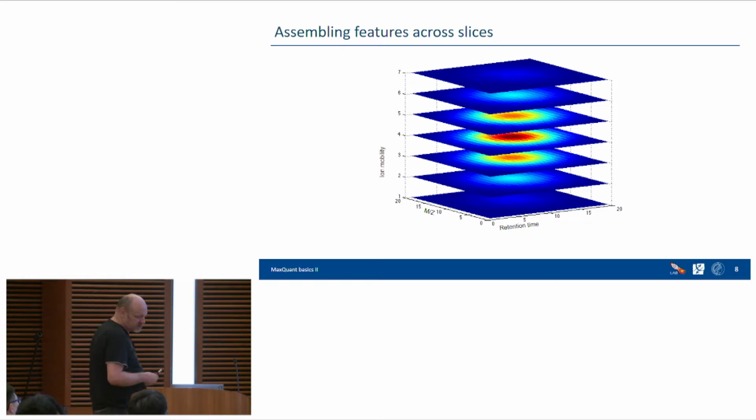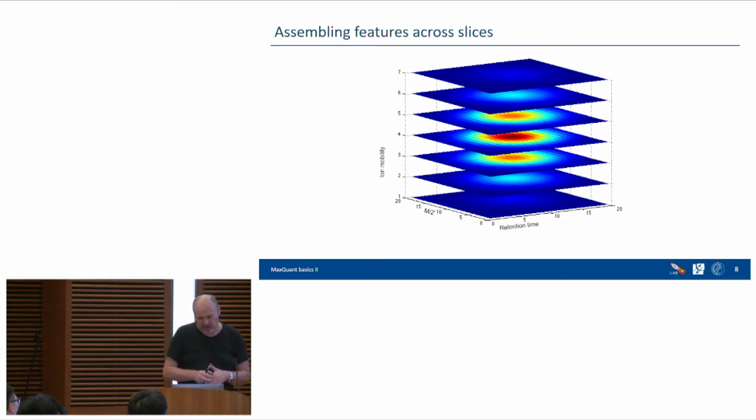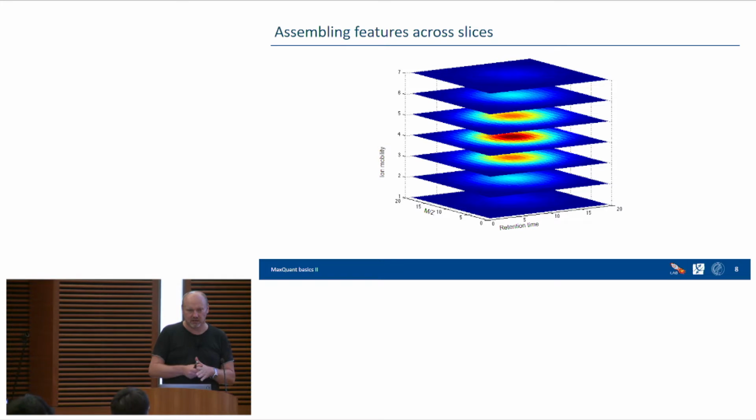So then we have the 4-dimensional peaks detected, and now we can work with these. The next thing would be to do all kinds of recalibrations in all directions of these peaks, right?